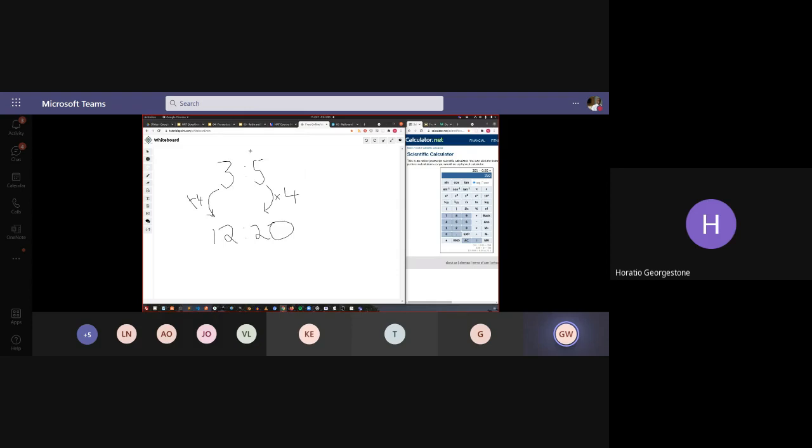The top one tells us, for every 3 lizards, there are 5 big cats. The bottom one tells us for every 12 lizards, there are 20 big cats. Those are just two different ways of saying the same thing. So these are equivalent ratios.